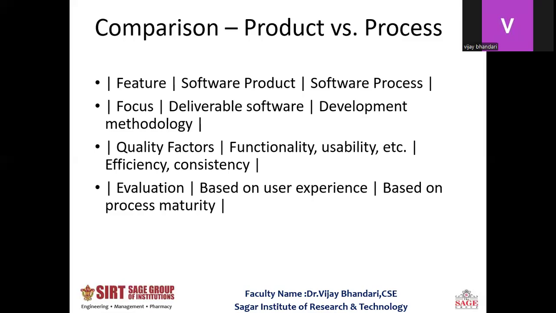In both activities, high quality is achieved through good design, but the manufacturing phase for hardware can introduce quality problems that do not exist in software. Software does not wear out, whereas hardware components suffer from the growing effects of many environmental factors. Stated simply, hardware begins to wear out, but software is not susceptible to the environmental maladies that cause hardware to wear out, right?